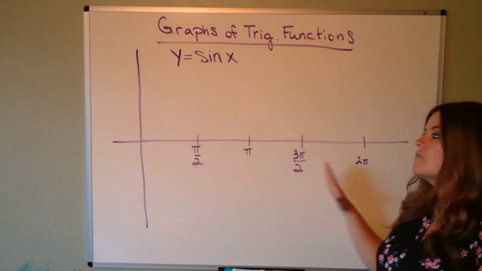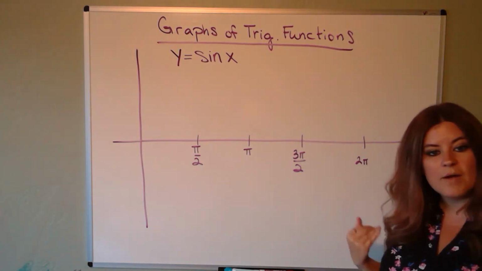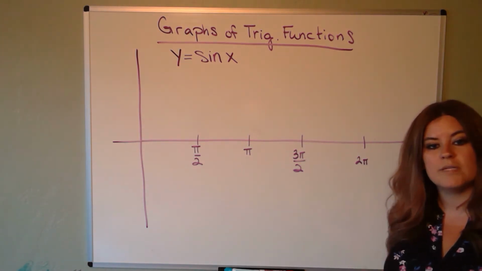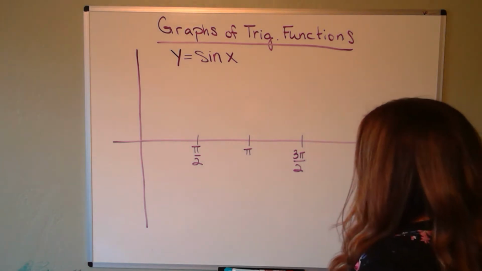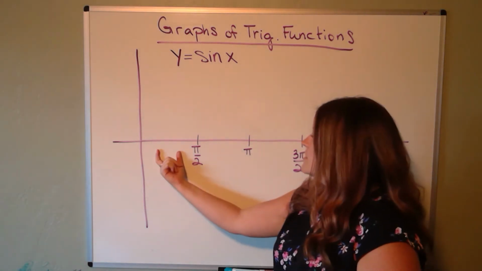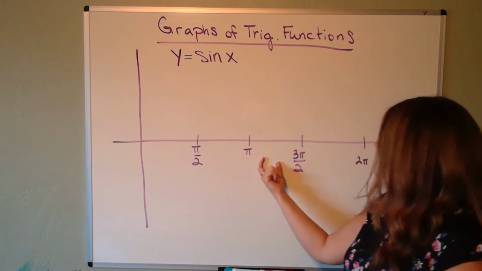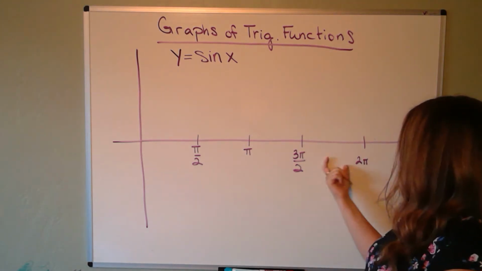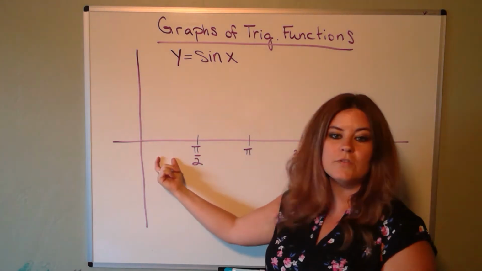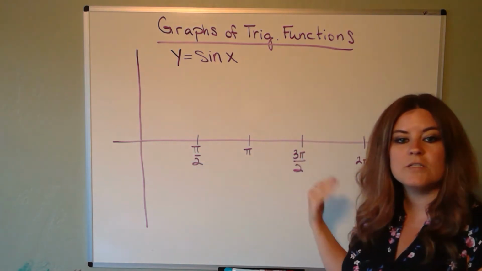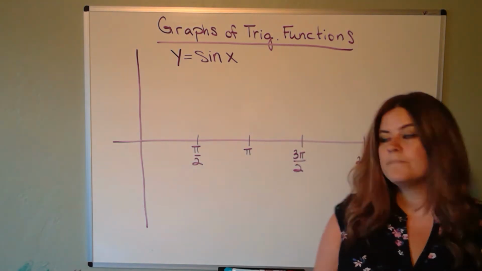This will cover one full rotation of angles, and we'll talk about what happens after one full rotation. Notice each of these units between these values is pi over 2. So I've got our graph separated into units of pi over 2 radians.